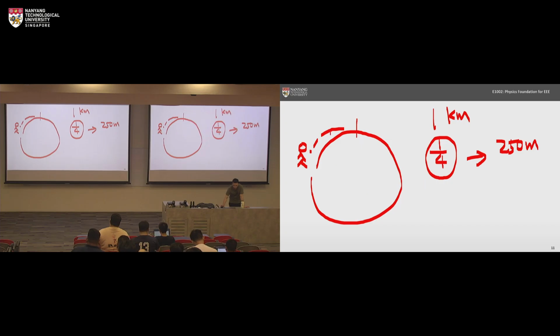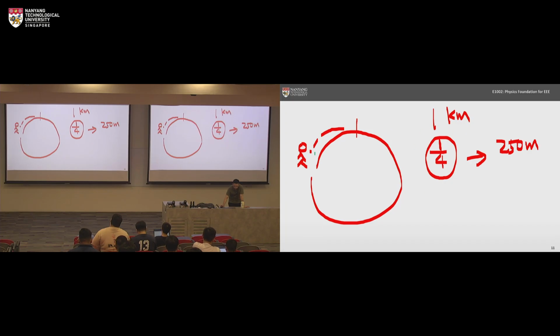You know that the person is running on a cycle. So one cycle is 1 km. If I tell you you're on a cycle of 1/4, then you actually know the distance, because you know that one cycle is 1 km and 1/4 is 250 meters. Okay, so this is the concept of a phase.